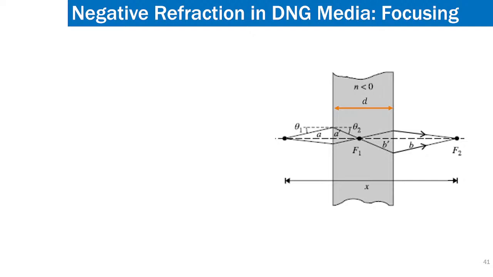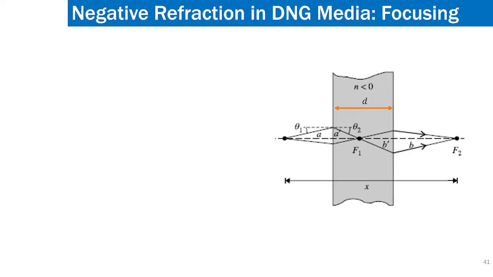This distance is A. Similarly, on the lower side it will also be with negative theta 2, so they will meet at a point F1 inside the slab. A is the distance of the source from the surface of the slab. A dash is the distance of the focus point F1 from the surface of the slab.